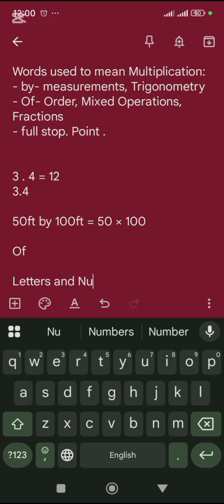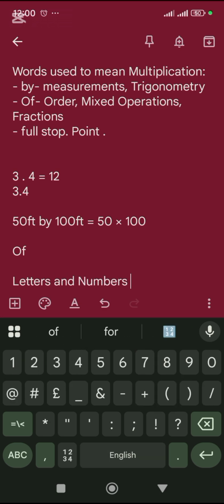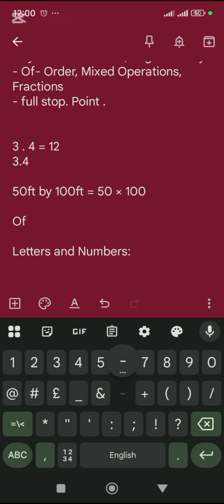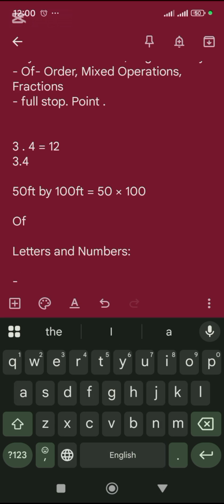All right, so let's talk on another thing, letters and numbers. Number one case is where you have a letter attached to a number, something like 2a. What this means is that the 2 there is multiplying the a.